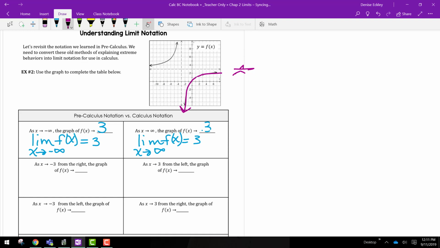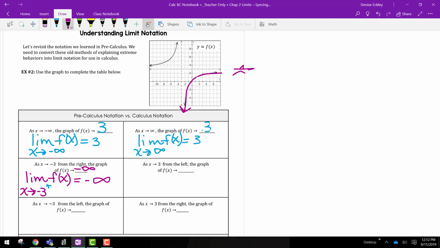From the right-hand side, the values of the function are getting smaller and smaller. So the values of f of x are approaching negative infinity. In calculus, we would write it this way: the limit as x approaches -3 from the right of f of x is going to equal negative infinity. So we put that little plus there to the upper right of the x value.